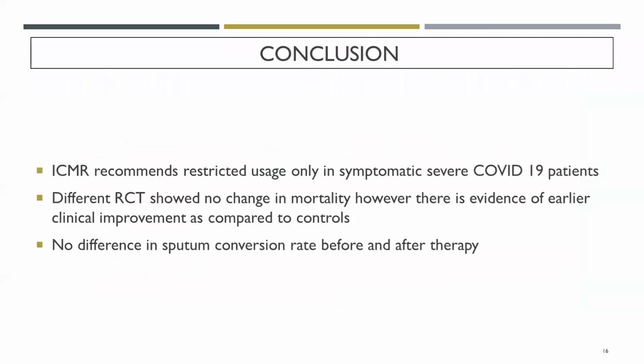So the conclusion is, as of now, the ICMR is recommending it only for symptomatic severe COVID-19 patients. As per the papers, there is no change in mortality. However, there is some evidence of earlier clinical improvement. There is no change in conversion rate before or after therapy.